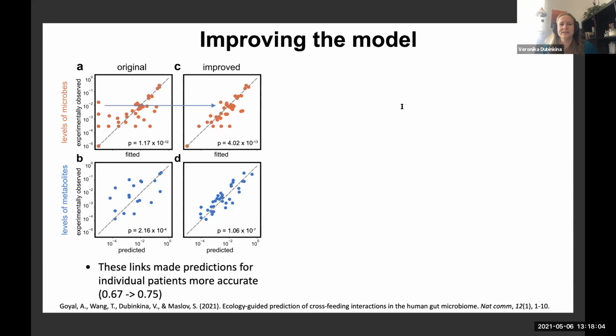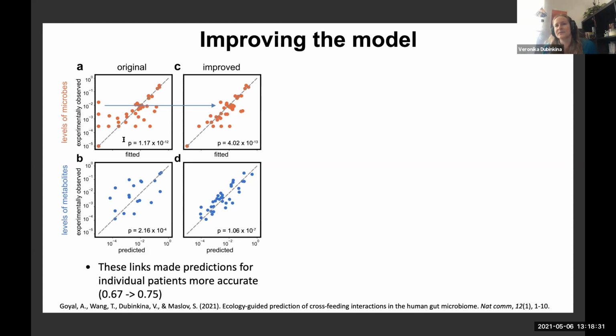And if you look at the individual predictions that we were able to obtain using this procedure, they actually become much better in the following sense. First of all, before, in our microbial predictions, for certain microbes we had no consumption links for the set of metabolites present in a given patient.